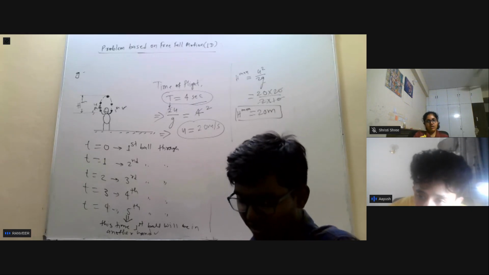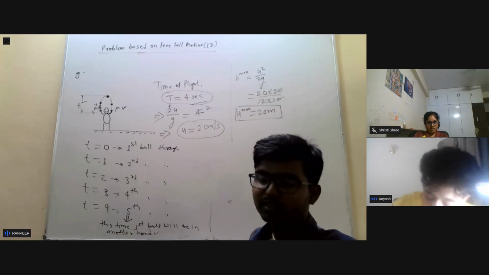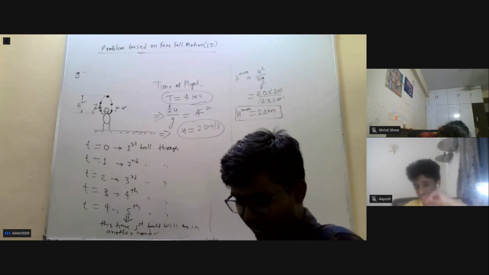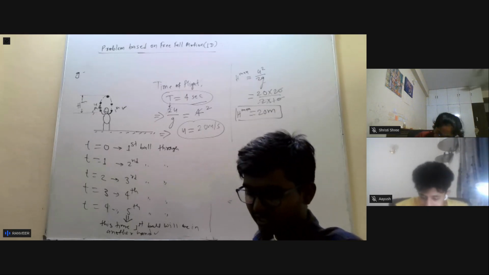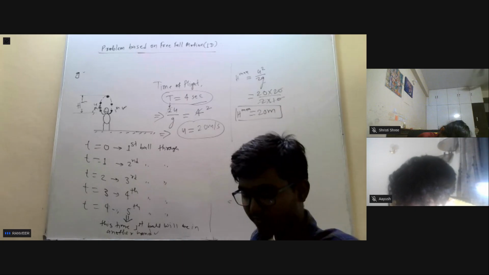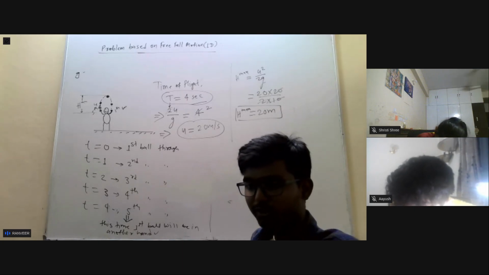How many seconds? It's 0.5, half a second. Then find the maximum height attained by each ball.